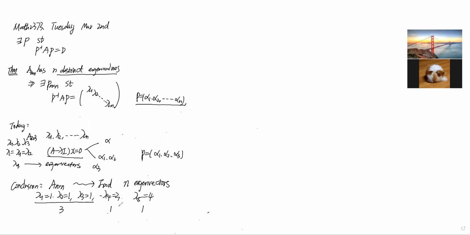By the theorem, if the multiplicity is 1, you can always find 1 eigenvector, for example alpha 4, alpha 5. You can only find 1, you cannot find 2. But for the eigenvalue 1 with multiplicity 3, we know you can at least find 1. In general, you can find 2 or 3, but I can only tell you that you can find at least 1. I don't know if there is alpha 2, alpha 3.